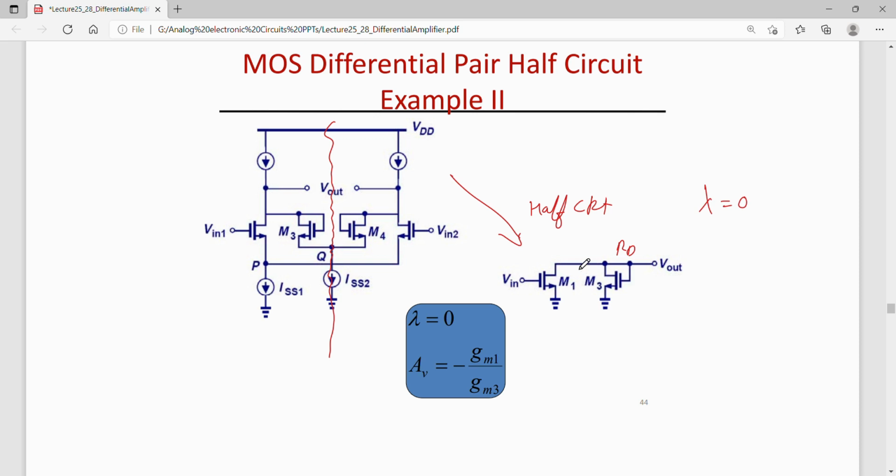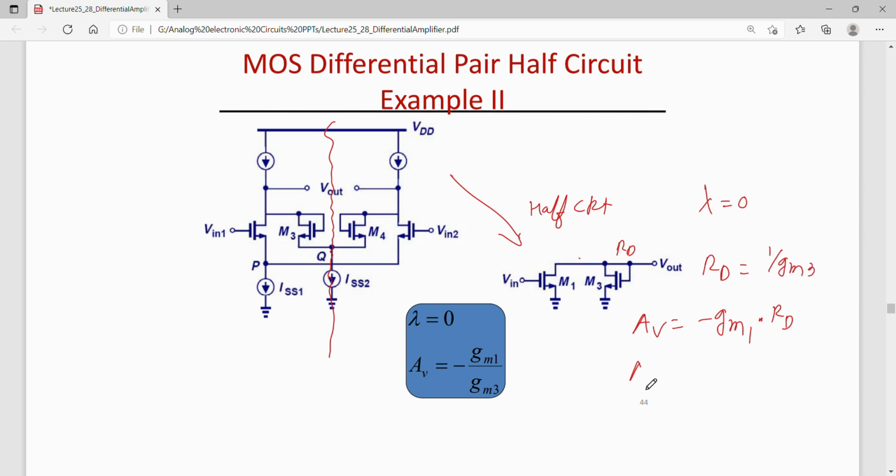Since lambda is 0, the impedance of M3 would be equal to 1 by GM3. The gain of this half stage would be minus GM1 times RD, where RD, represented by this N-type diode connected MOSFET, is 1 by GM3.